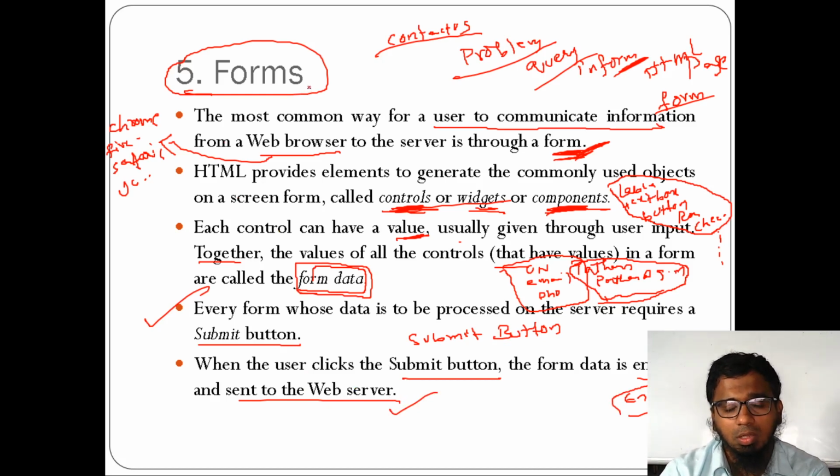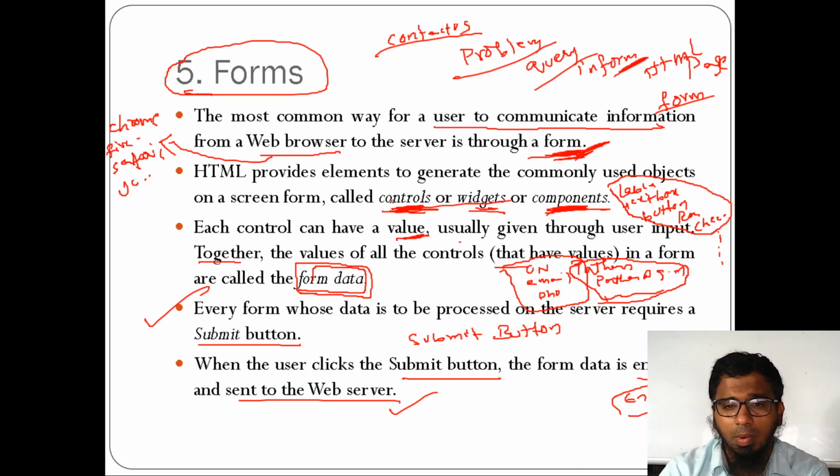Some important points are there, and these will be used when you are creating a form. First, the most common way for a user to communicate information is with the help of a form. HTML provides elements like controls, widgets, components: label, text box, button, radio button, list, drop down.